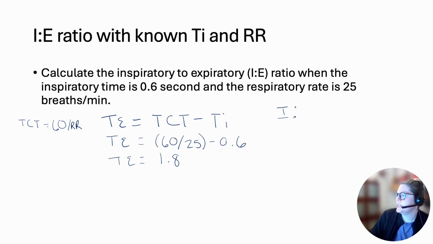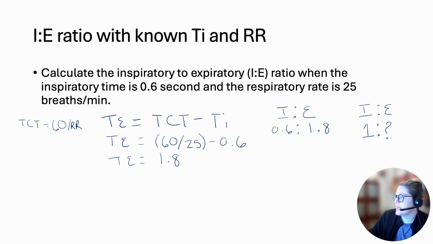I to E ratio, our inspiratory time 0.6, expiratory time 1.8. As we're thinking about this, when we think about the I to E ratio, the I is always represented as 1. So what we don't know is expiratory time.